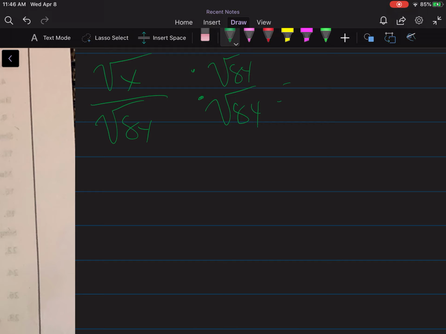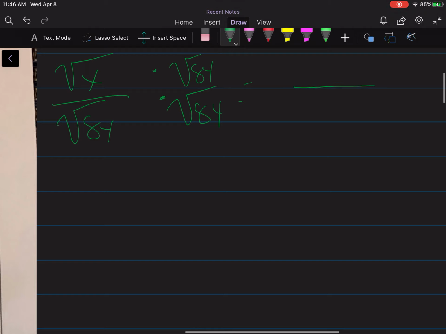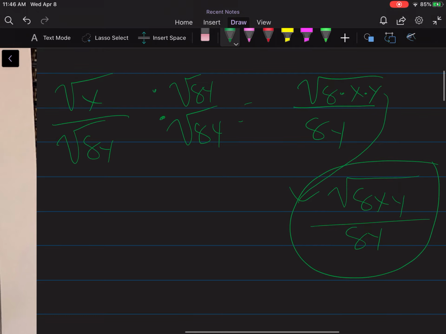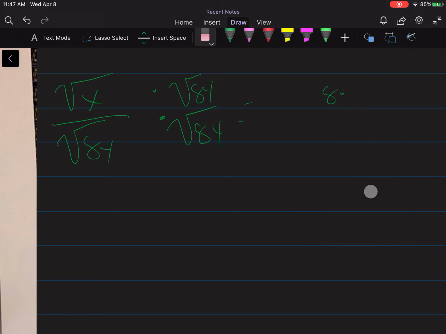So at the bottom, we're going to end up with just 8y, and at the top, we're going to have 8 times x times y. We can't really do anything there, so we're going to have root of 8xy divided by 8y. And that is your answer for the next one. Let me erase this so we can get to the next part.